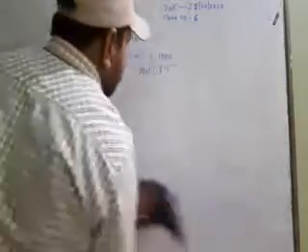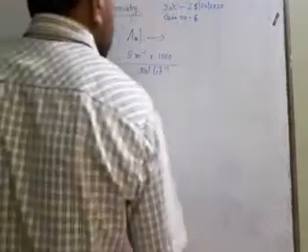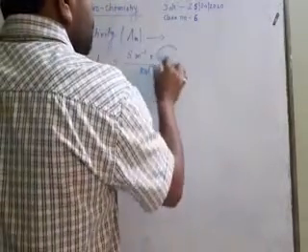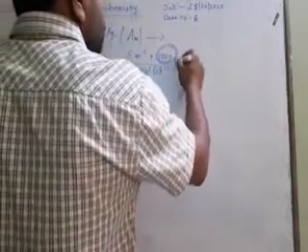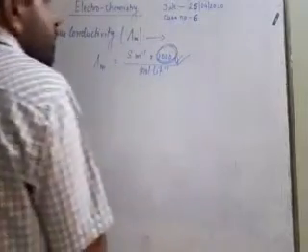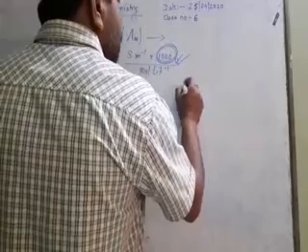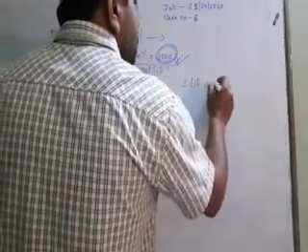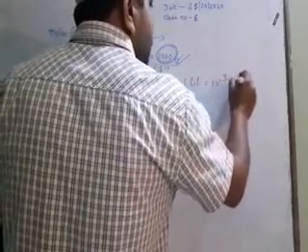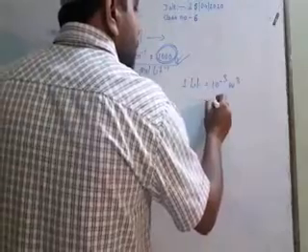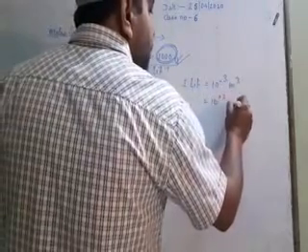Students, this 1000 is used because 1 liter equals 10 to the power minus 3 meter cube, 10 to the power plus 3 centimeter cube, or 1 decimeter cube.